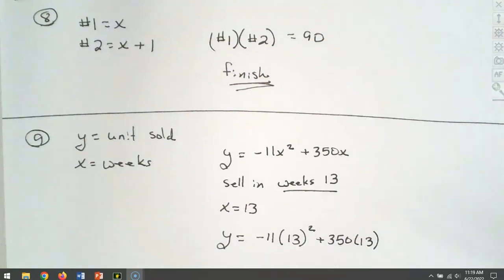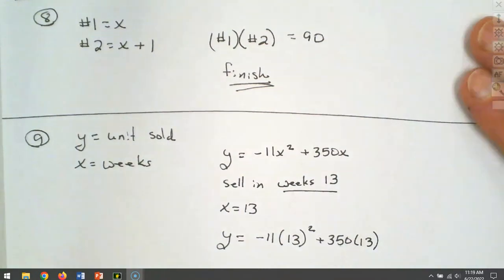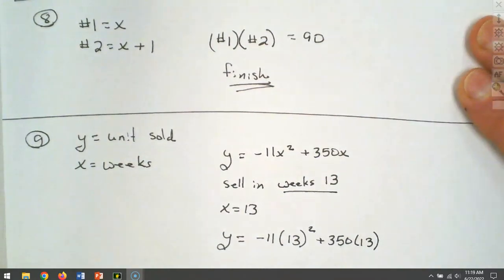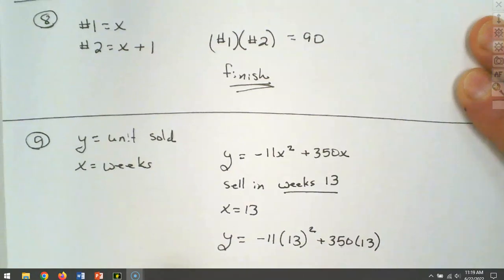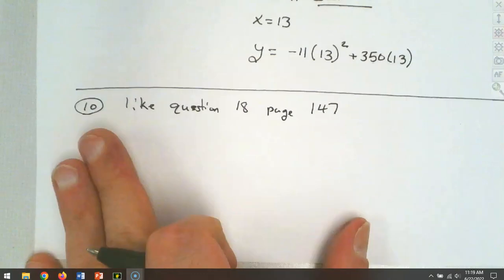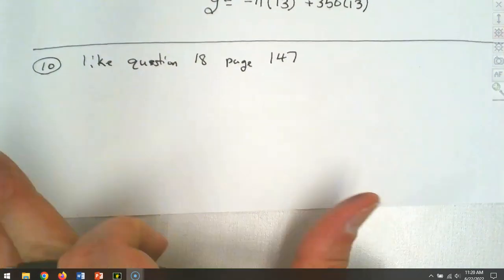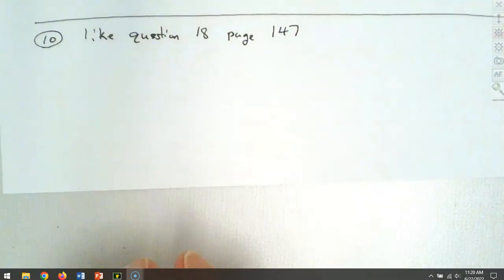So that's going to be very, very similar to question 18, the one that we did on page 147. That's going to be very, very similar to question 10. Different numbers is all it is.